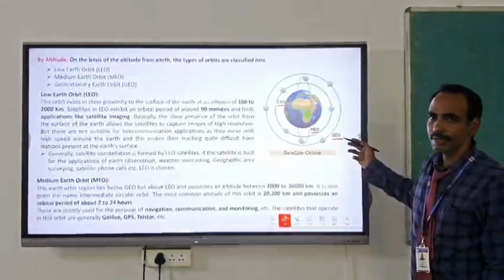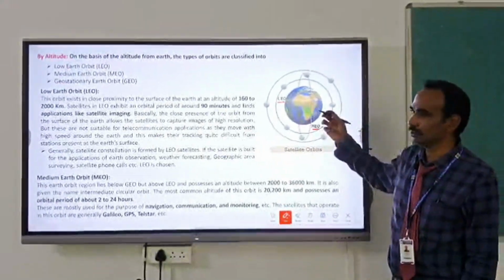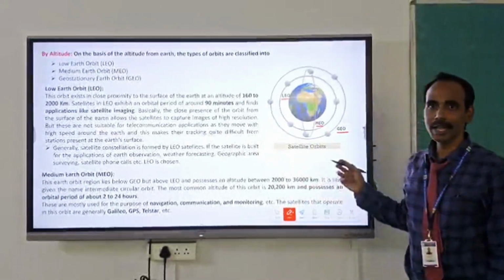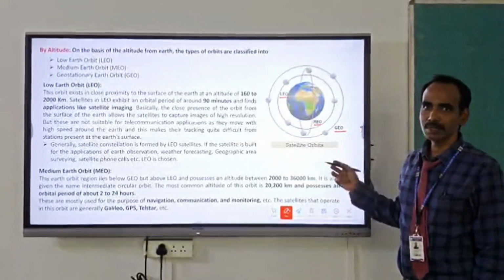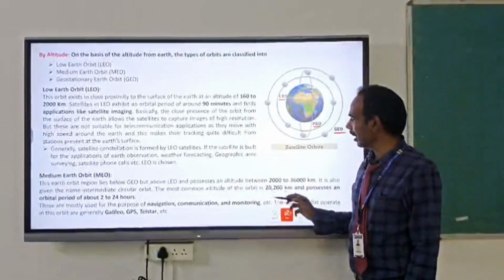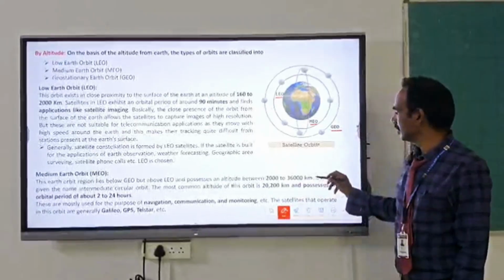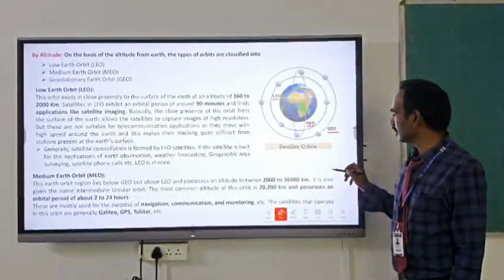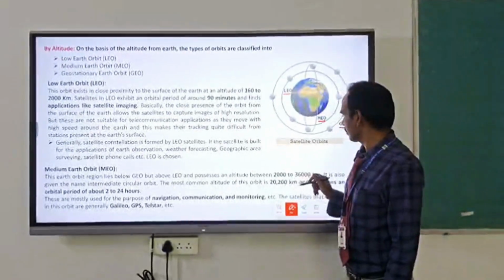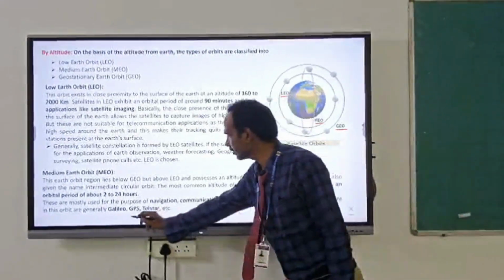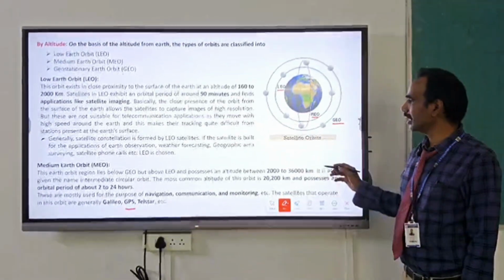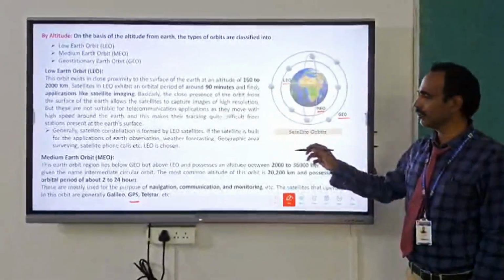The low Earth orbit, having a height of 160 to 2000 kilometers, is used in satellite imaging as well as internet purposes like Starlink. Similarly, medium Earth orbit having a height of 2000 to less than 36,000 kilometers is used for GPS applications, and its time to complete one rotation is between 2 to 24 hours.